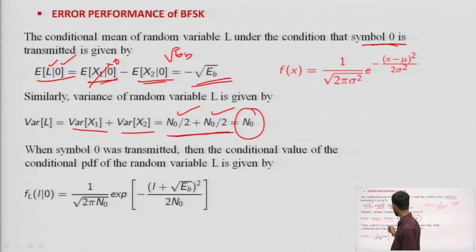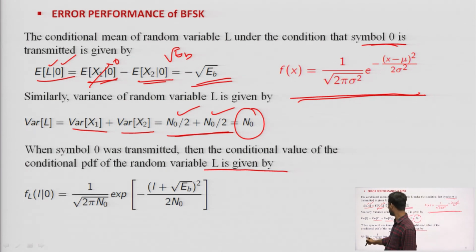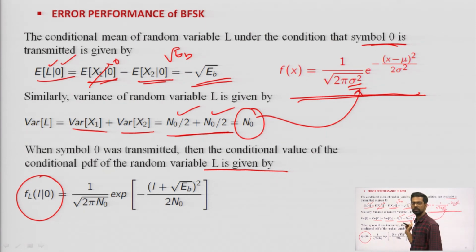When symbol 0 was transmitted, the conditional PDF of the random variable L is given by the Gaussian PDF. The conditional PDF f_L(l given 0) is 1 by root 2 pi sigma square, where sigma square is the variance of capital L, that is N naught.